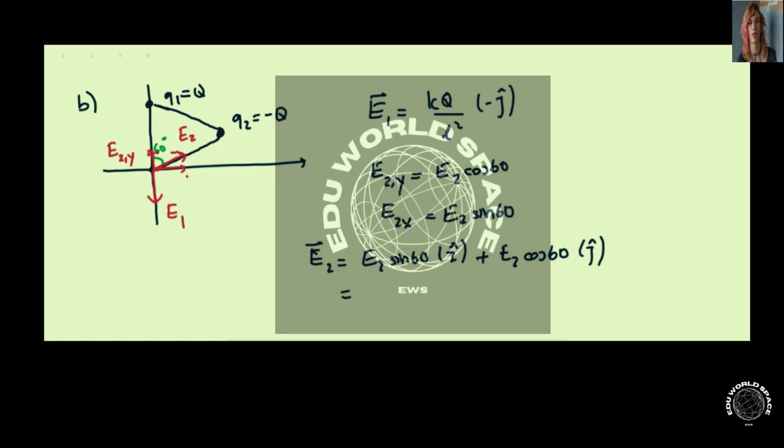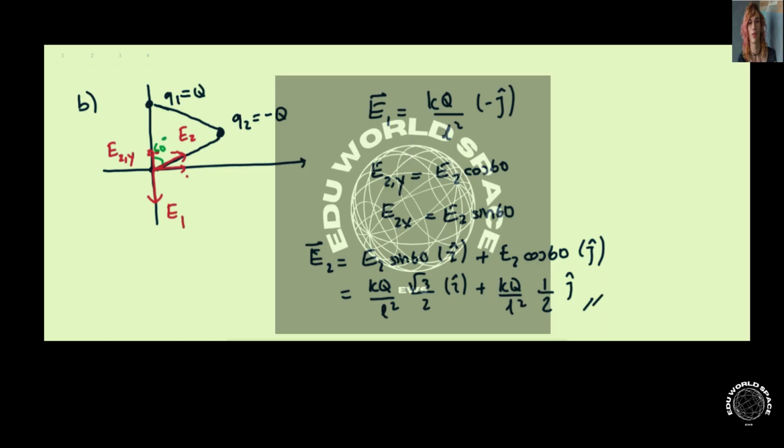So E2, as you remember, was kq over L squared. Sine 60 is square root of 3 over 2, i hat, kq over L squared. Cosine 60 is going to be 1/2, j hat, right?